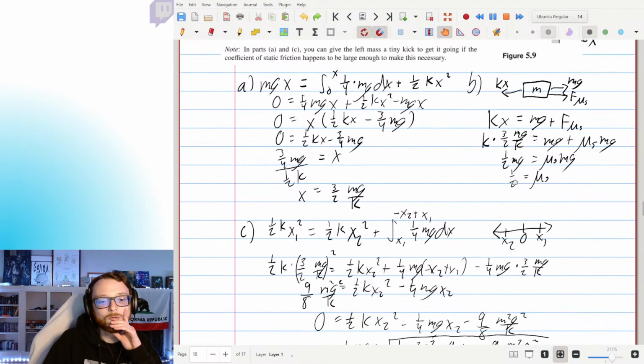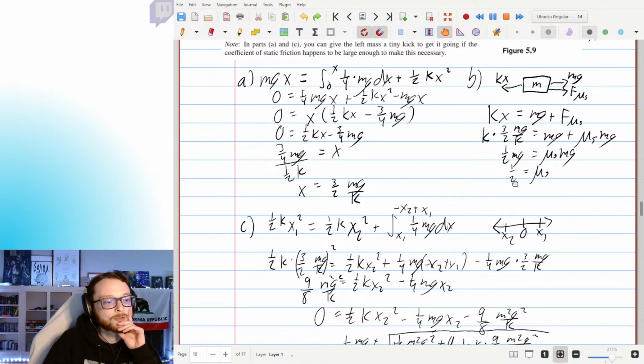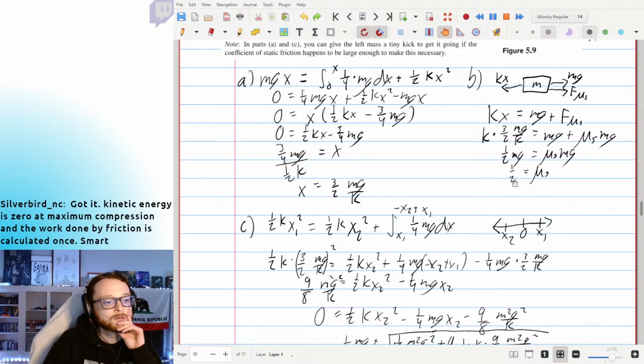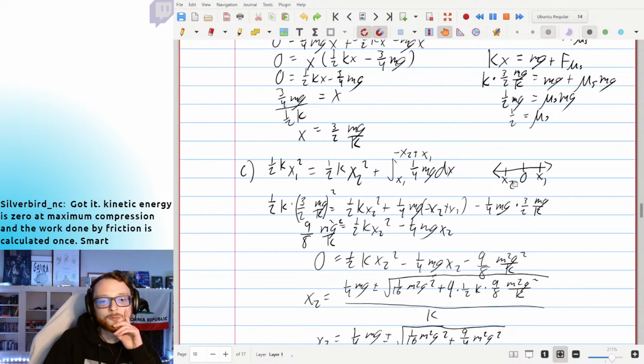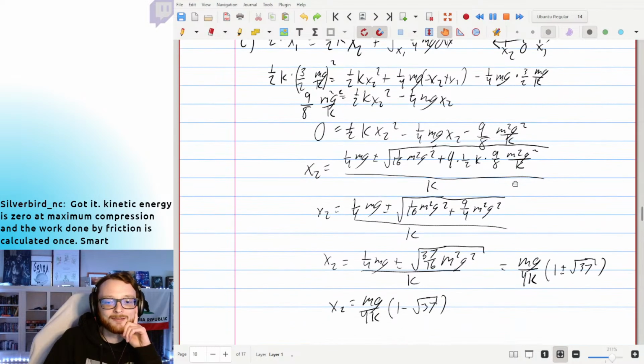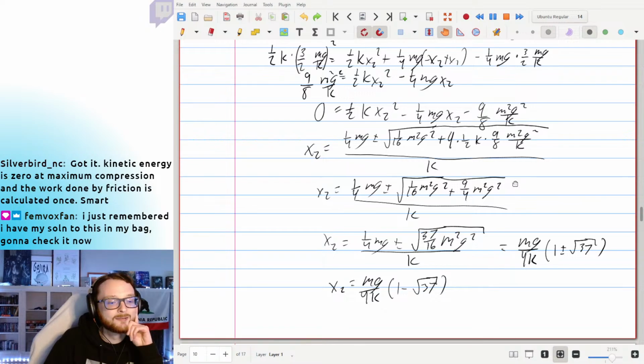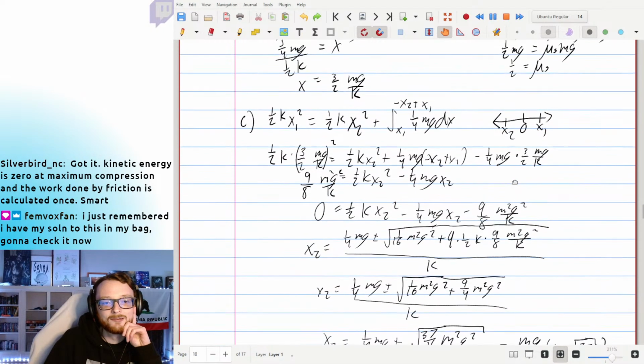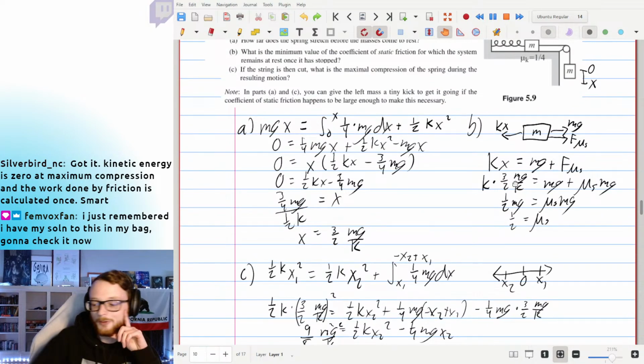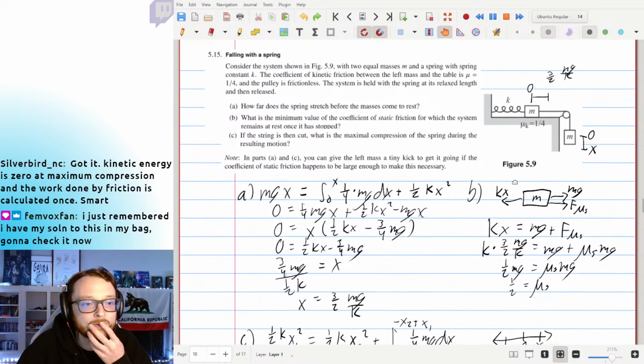So kinetic energy 0, maximum compression. Yeah. So I may have set this up slightly wrong still, but that was the idea at least. I think I feel good enough about this to check the answer. I would not be surprised if I still did something wrong though. So spoiler alert, but I think I'm gonna check the answer.